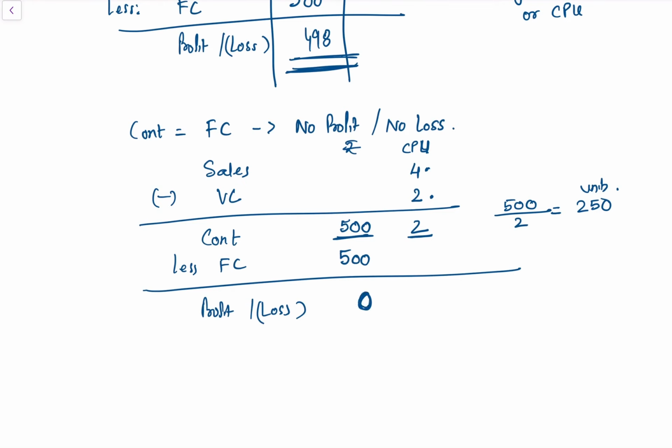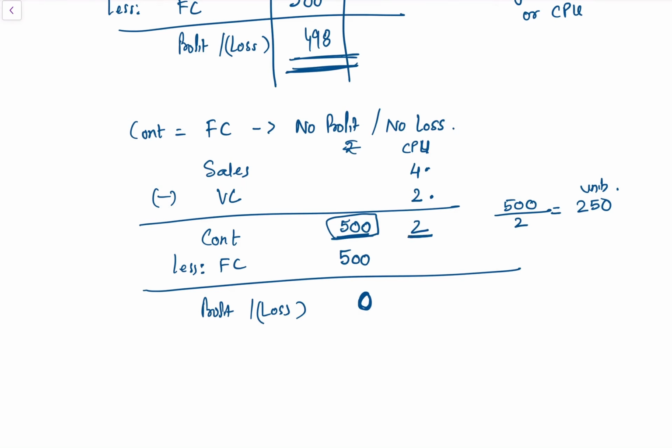If profit and loss is zero, means there is no profit, no loss. I have fixed cost which I am incurring. So my contribution should be equal to fixed cost. So I copied this amount the same from the fixed cost. That contribution is the same amount. If my contribution should be the same amount as fixed cost and my cost per unit remains constant, as per the logic we always followed, that sales has a direct relationship with units produced, and variable cost has a direct relationship with units produced, so cost per unit remains constant.